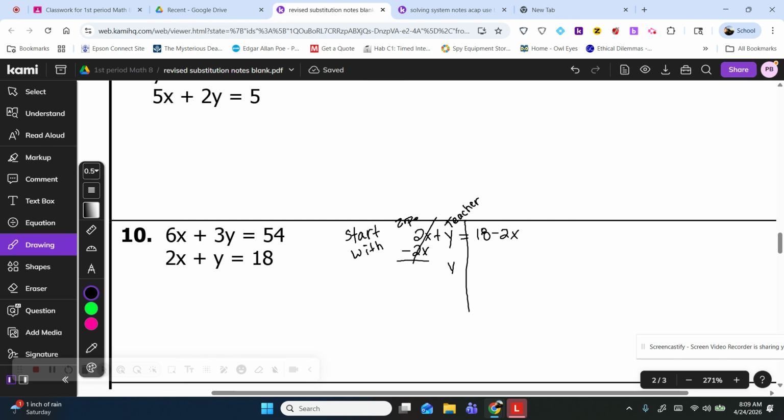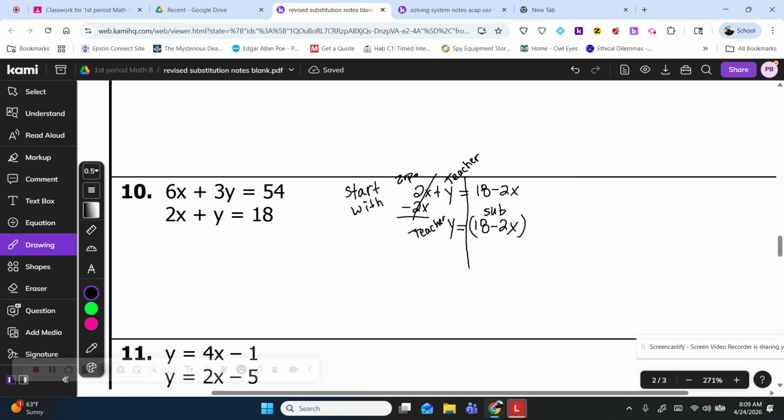And so you're getting y equals 18 minus 2x. All right, that's your teacher. And this other one is your sub. And so once you get the teacher and the sub figured out, then you write down the other equation.